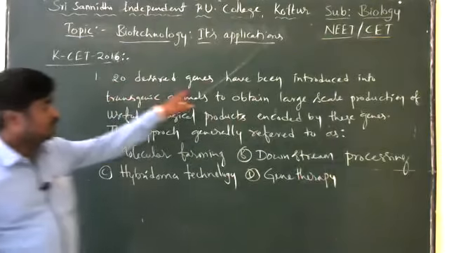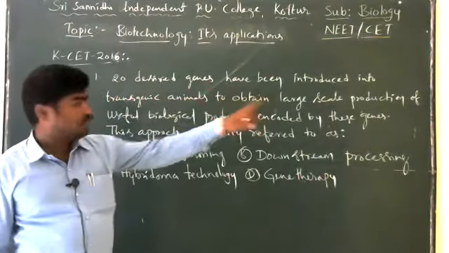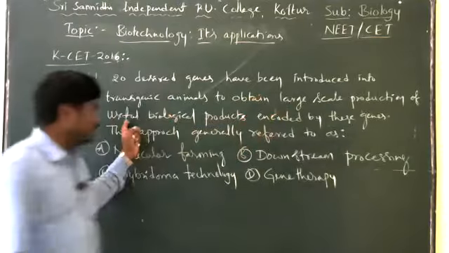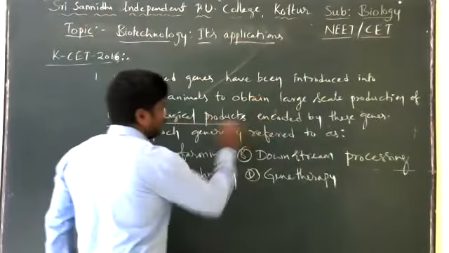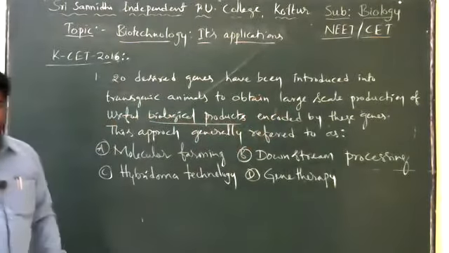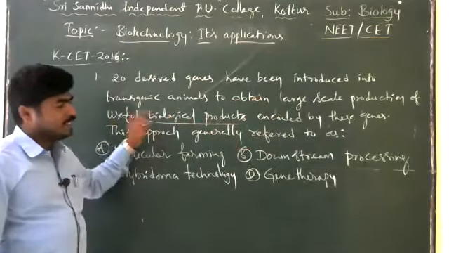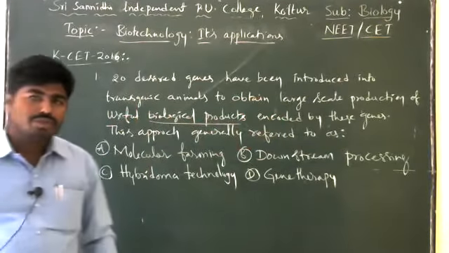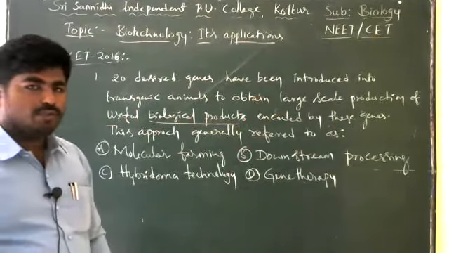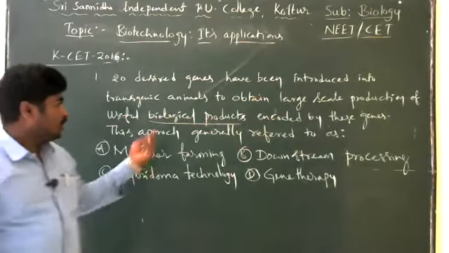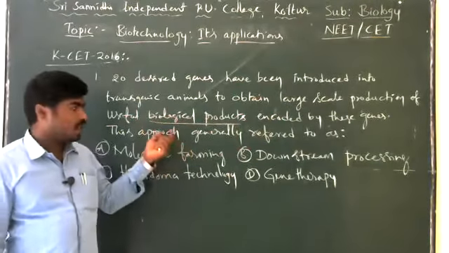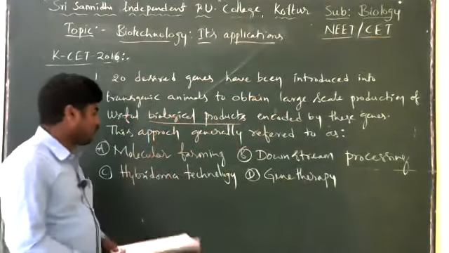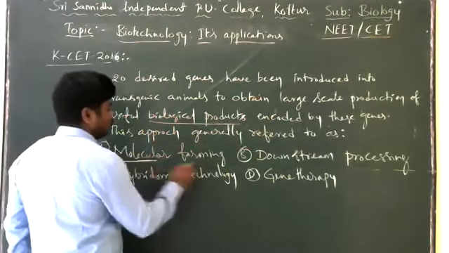Here the desired genes are introduced into transgenic animals to obtain large scale production of biological products encoded by the genes. Some transgenic animals we can use to produce useful products for human beings. So who can produce these products on a large scale using transgenic animals? What do we call that process? That process is called molecular farming.